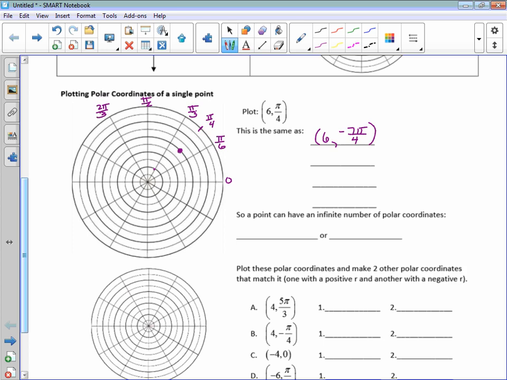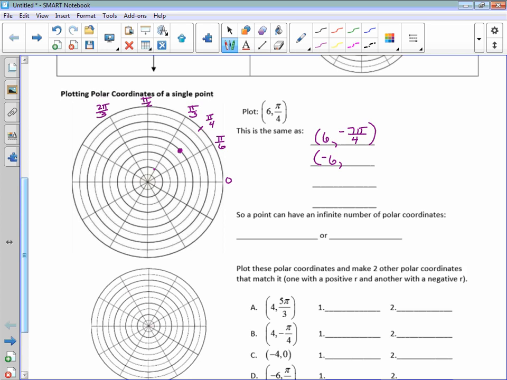Okay. What if I start with a negative radius? If I start at negative 6, so if I'm over here, how can I get there? Like, what angle am I traveling through? What'd you say? I think you were right. 5 pi over 4. Yeah, because if you start here, this would now be pi over 4, 3 pi over 4, 5 pi over 4.